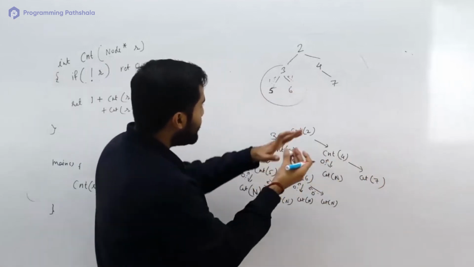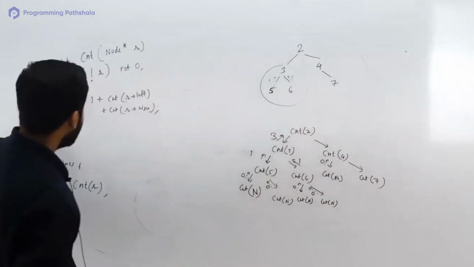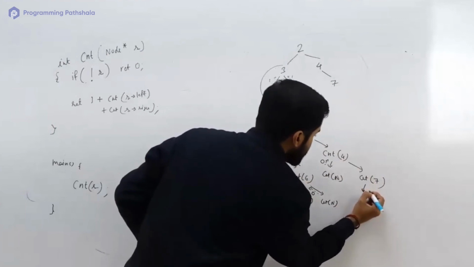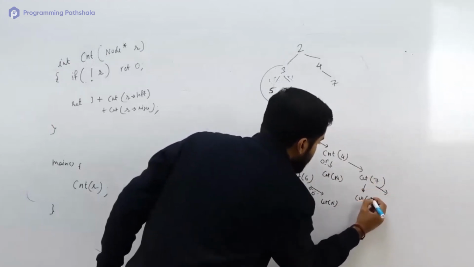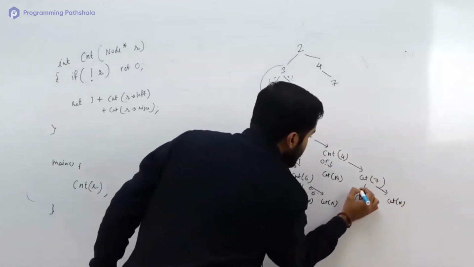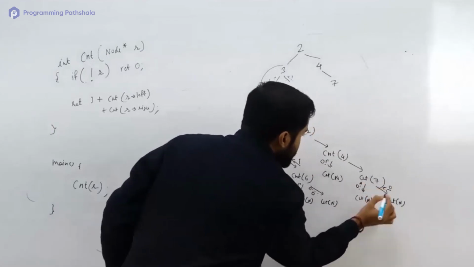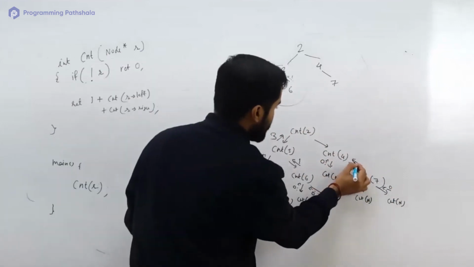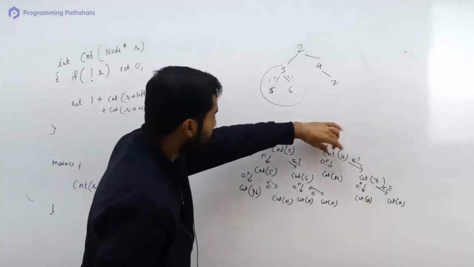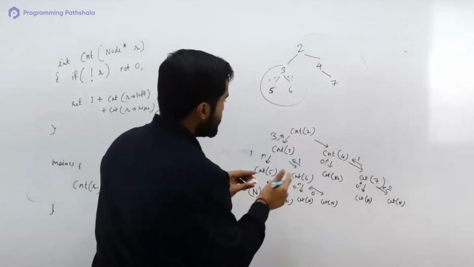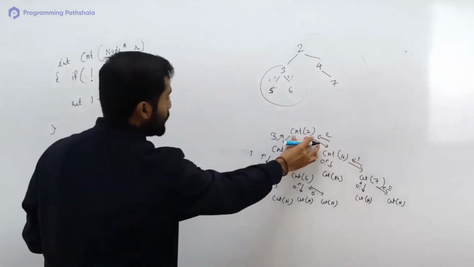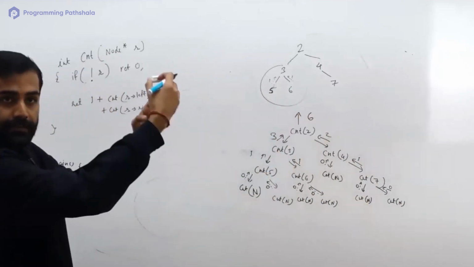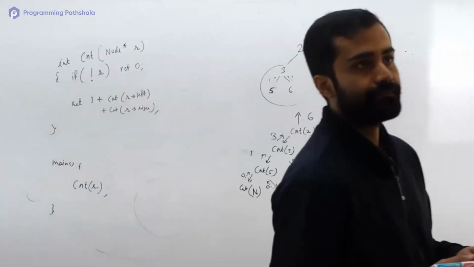And at count of 7, again, you will make a call to count of 7 left and count of 7 right, which is count of null, you will return 0, and at this count of 7, you will return 1 plus 0, which is 1. And this count of 4 will again return 1 plus 0 plus 1, which is 2. And this count of 2 will return 1 plus 3 plus 2, which is 6. That's how things get returned.